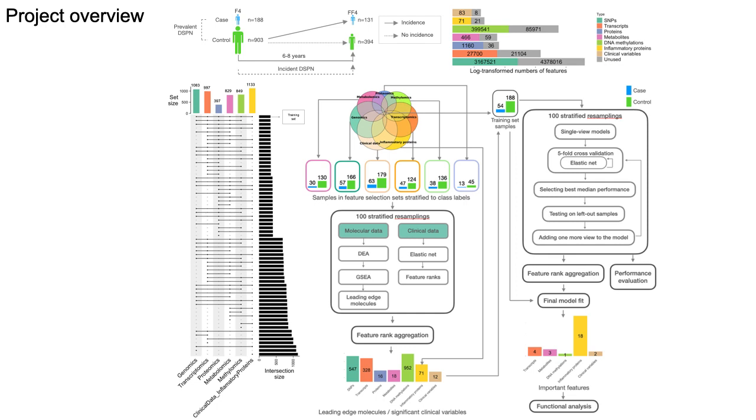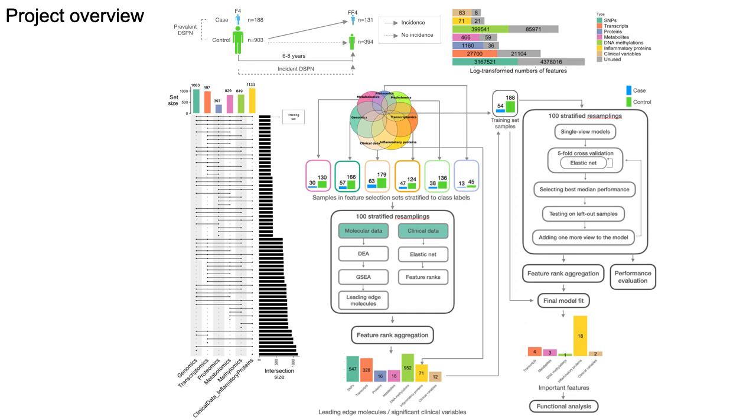So as I said before, I extract a subset of samples that have all of the features for the training process, and for each data type the remaining samples were used for the feature selection. So basically I have 100 stratified resamplings. For molecular data, I did differential expression analysis followed by gene set enrichment analysis to extract a set of leading edge molecules that drive the enrichment of relevant signaling pathways.